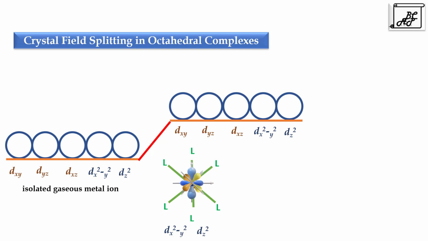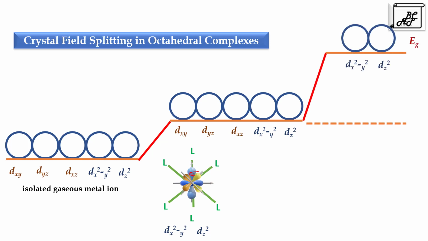This repulsion is between negatively charged electrons in these d orbitals and surrounding field ligands which are also negative in charge. These orbitals which are directly facing the ligands face more repulsion and their energy is increased by plus 6 Dq. These are dx square minus y square and dz square.